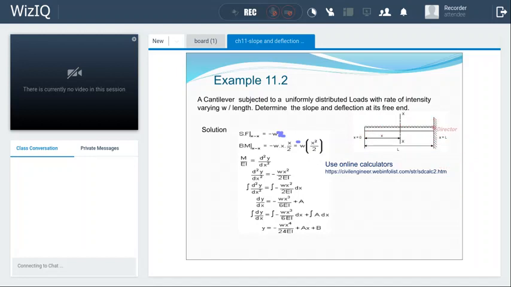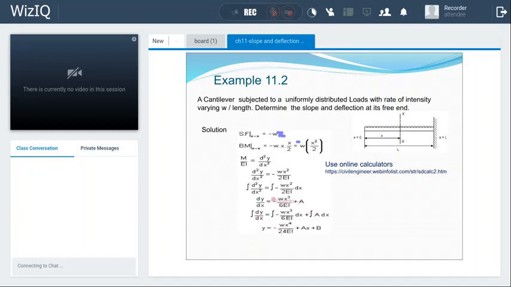At this fixed end, x is equal to L, slope and deflection both will be equal to 0. You can also use these online calculators for slope and deflection calculations, which are available on this website. These are authentic cases for cantilever, and you will get the correct values.